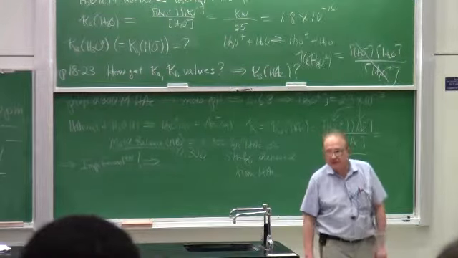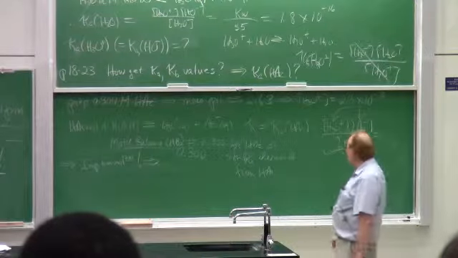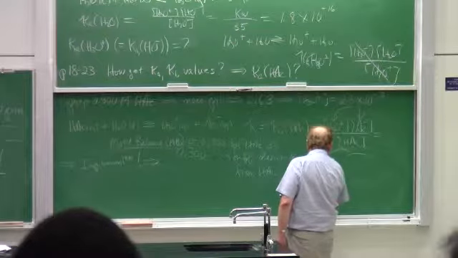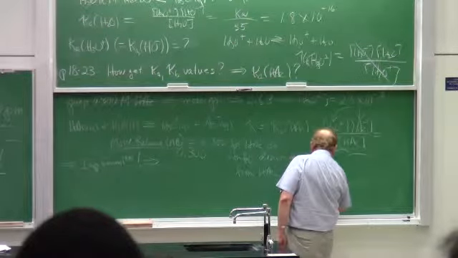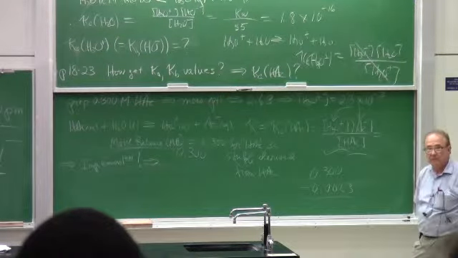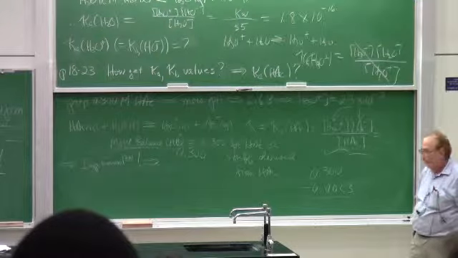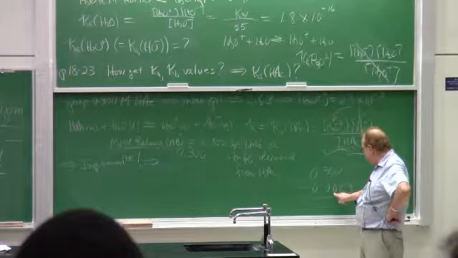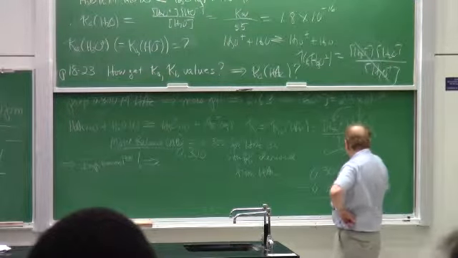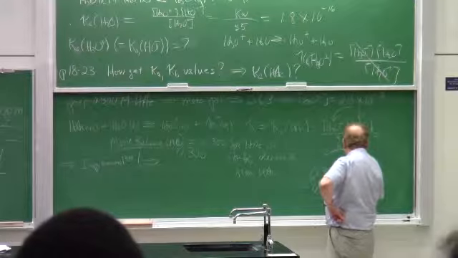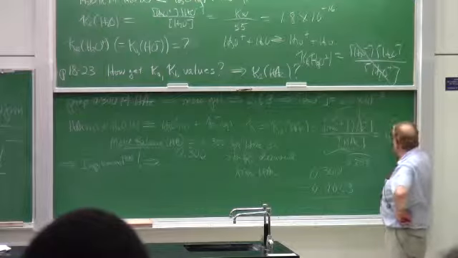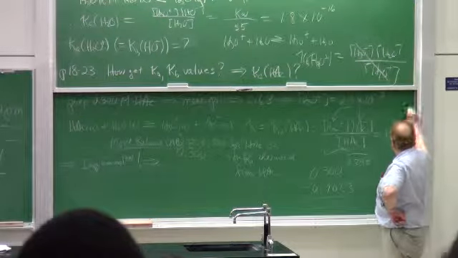And the stuff derived from acetic acid is acetate ion. And the acetate ion molarity is 2.3 times 10 to the minus 3. So here is my determination of the equilibrium molarity of acetic acid. This is what I started with, and this is how much of it got reacted, converted to acetate ion. So this becomes 0.298. And when I do the arithmetic, I will get 1.8 times 10 to the minus 5.